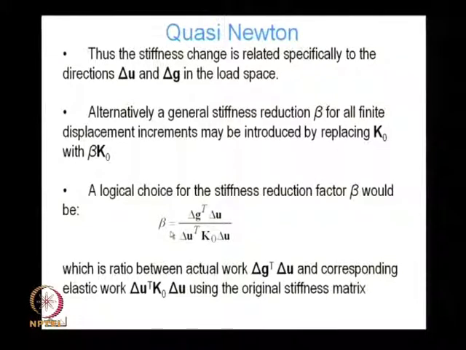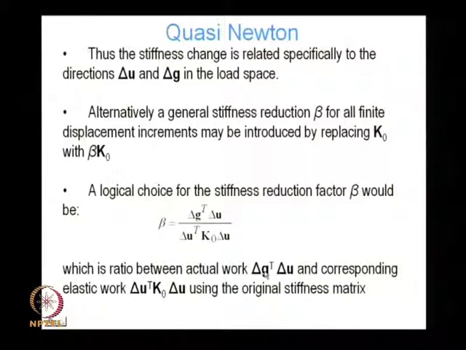It is a beautiful idea, because the assumption is that I have K0, and if I have that K0 constant, that represents an elastic matrix. So, the work done is K0 delta U times delta U transpose, but my actual tangent is not that. And what is the measure of my actual tangent? The measure of my actual tangent is the actual work done.